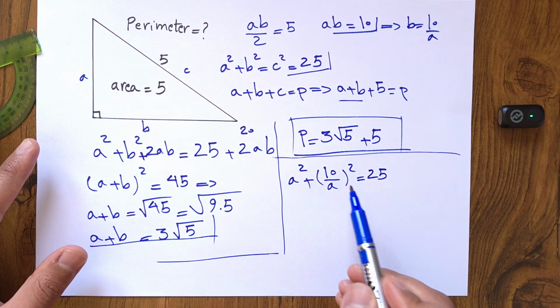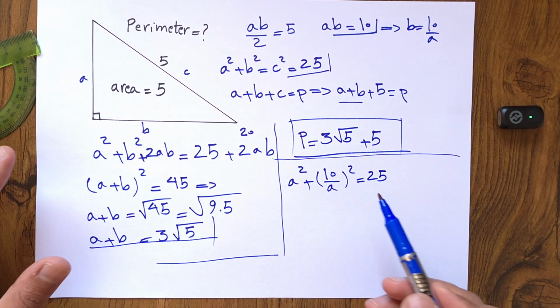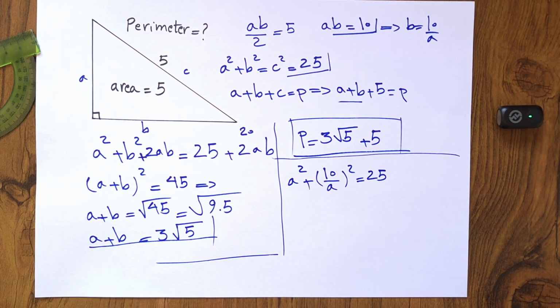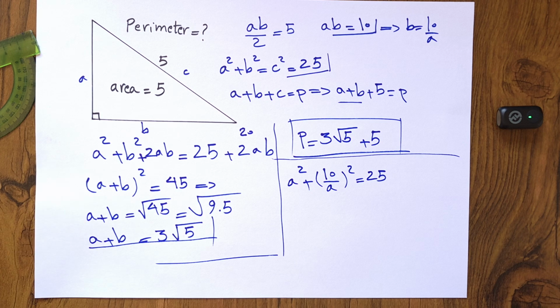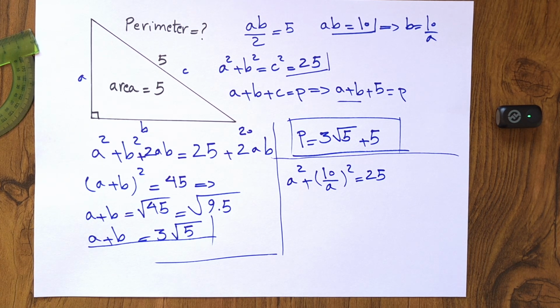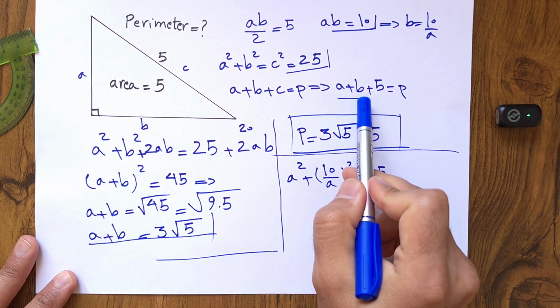A squared plus 100 over A squared equals 25. Then you need to do something interesting, maybe multiply that by an A squared term to simplify it. And that's a fourth degree equation. Then you need to substitute by a value, maybe another variable, to finally calculate A and B separately and put them inside this one.